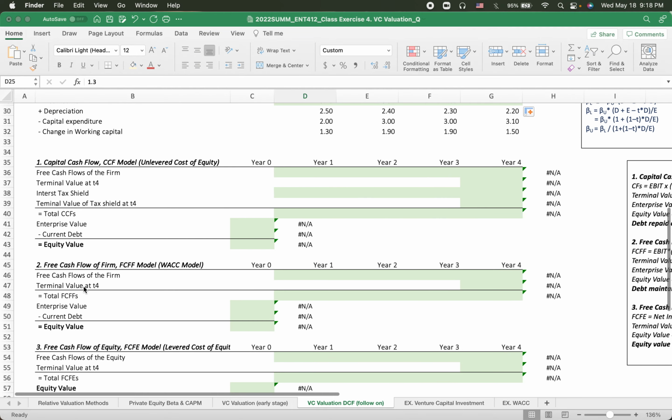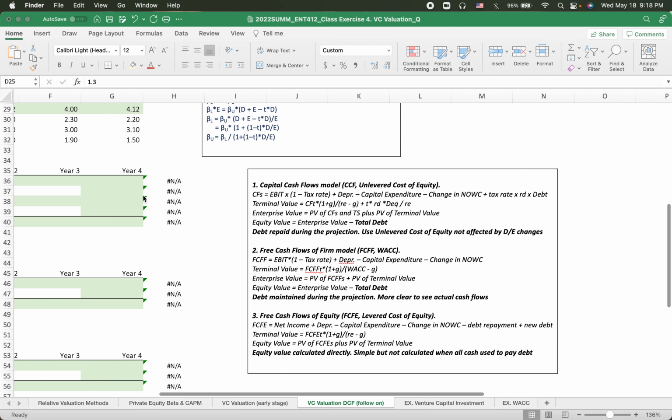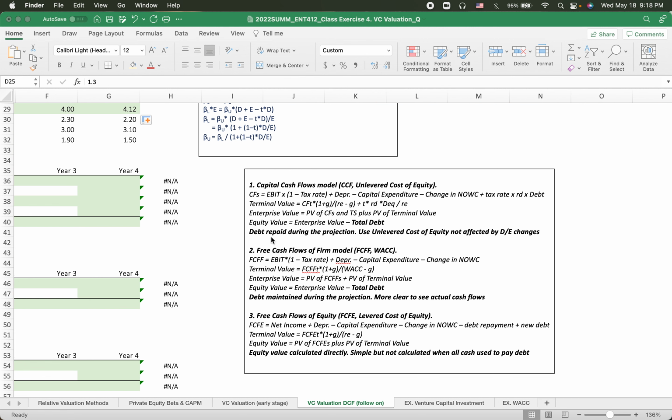Now, let's move to the first model, the capital cash flow model. We are using this capital cash flow model with the unlevered cost of equity. When you take a look at this cash flow, EBIT times 1 minus the tax rate, that means all the cash flows, including interest expense, are viewed as the equity holders' benefit. And this tax rate times the cost of debt times the debt is the interest tax shield.